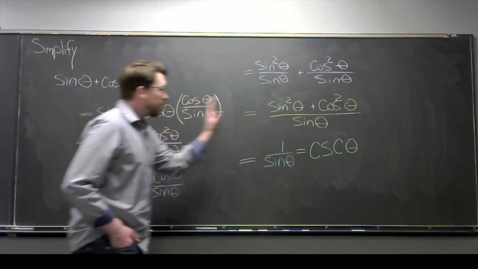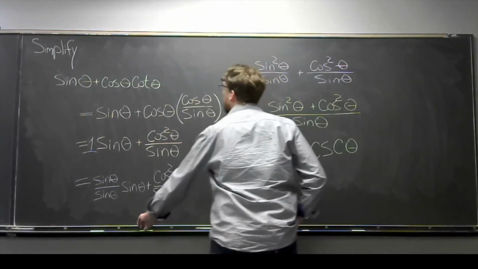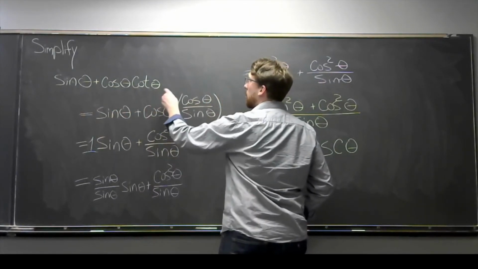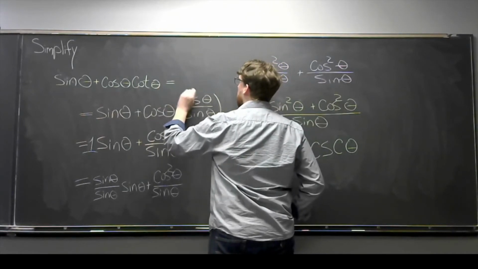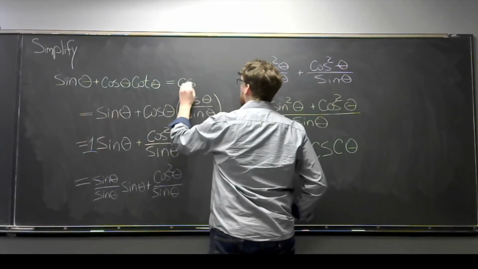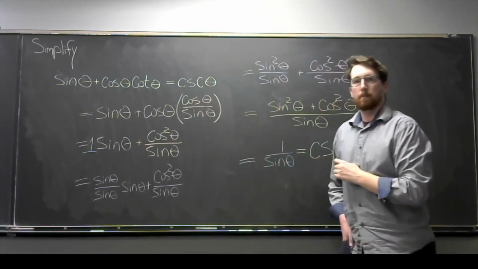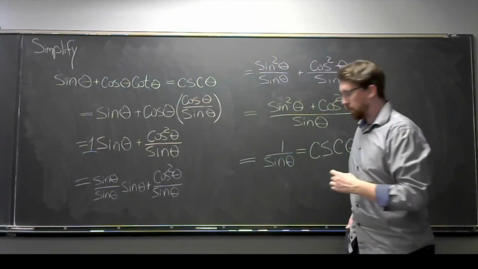So all of this math just to show sine theta plus cosine theta times cotangent theta is equal to cosecant theta. That's it.